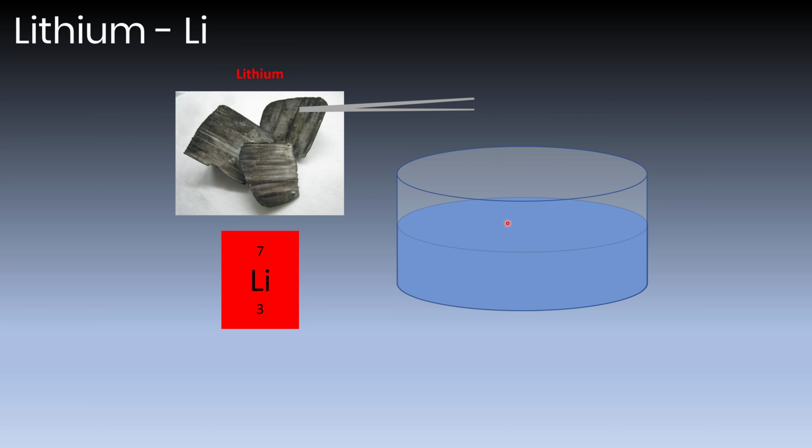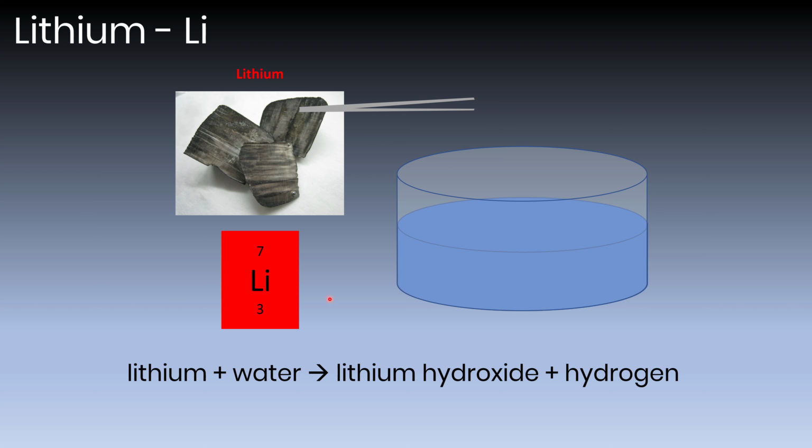Let's try to describe this using word and symbol equations. Let's start with the word equation. We began by reacting lithium with water, and it formed lithium hydroxide and hydrogen gas. Lithium has the symbol Li, and it's a solid. We need to use a 2 to balance the overall equation. Water is H2O, and it's a liquid.